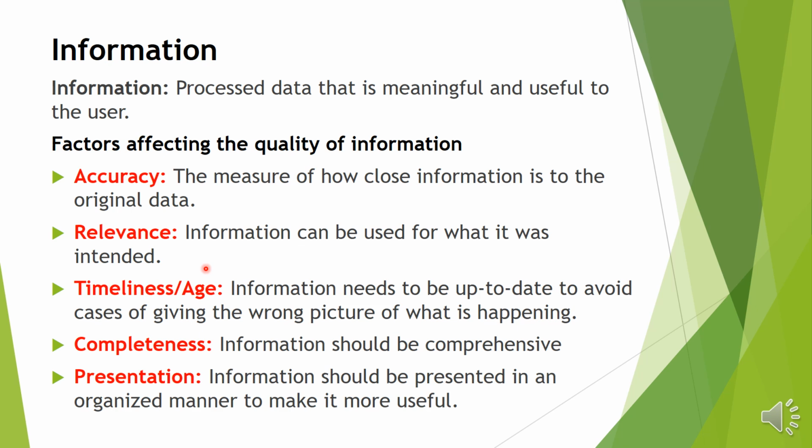In other words, information is relevant when it can be used for what is intended. Then timeliness, or age. Information has an age, meaning information should be up to date so you can use it for what it was intended, or otherwise it is out of date, meaning that information cannot be used for what it was intended before.